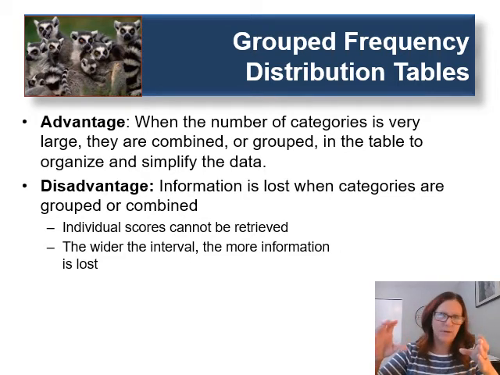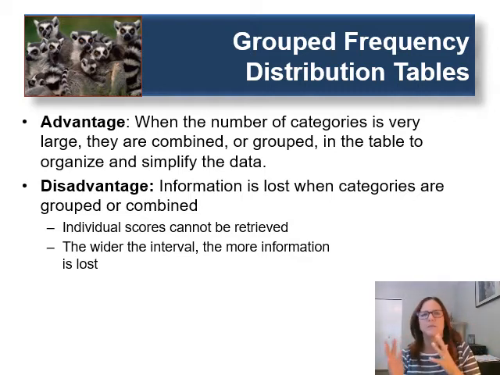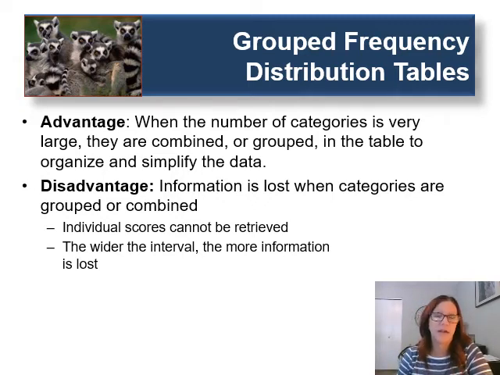Maybe every single one of the people within that 70 to 79% scored 79%, but I can't see that. It could be anywhere in there. So what it does is it loses some specific information, and the wider that interval, the more information is lost. So that could be a disadvantage of that.